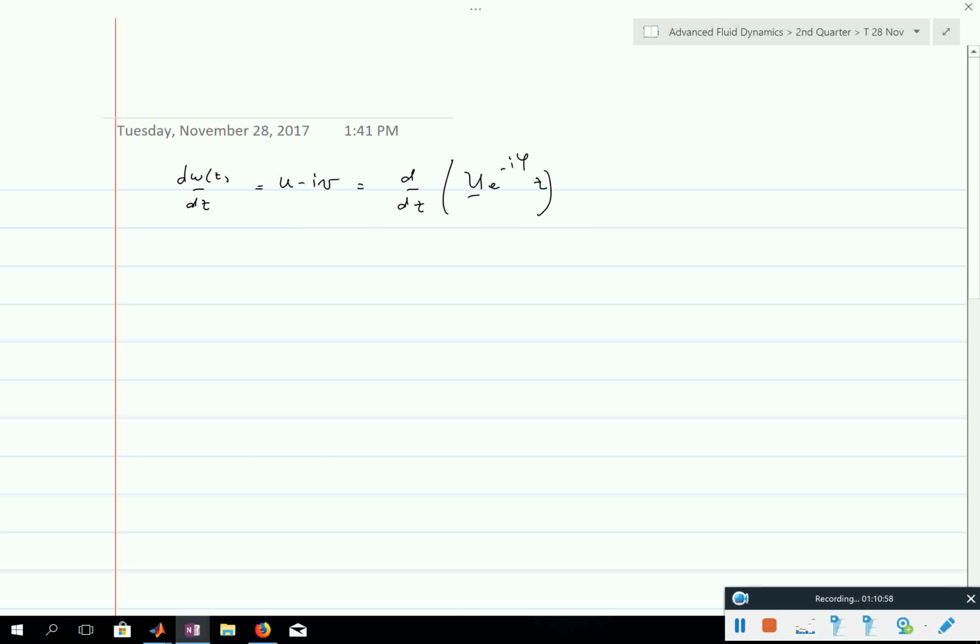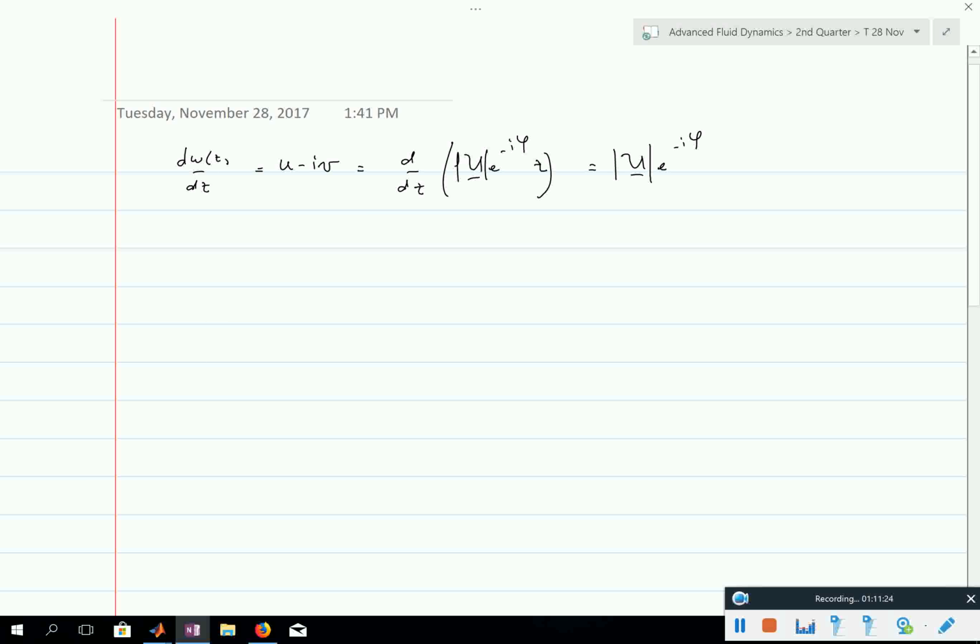Remember, everything works just like our regular functions, so what is the derivative of this function? It's just U e to the minus i phi. Yeah? So dz over dz is just 1, so this is U. Sorry, there is no bar here. Oh, there is, but that's the magnitude. U e to the minus i phi, right? So this is your velocity.